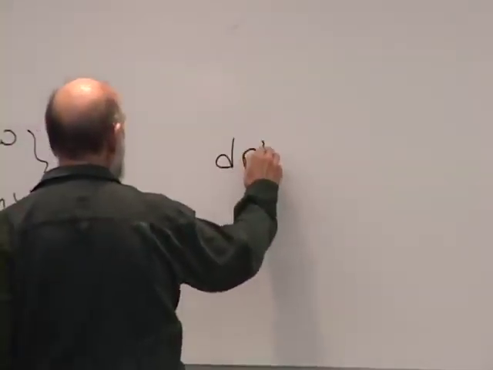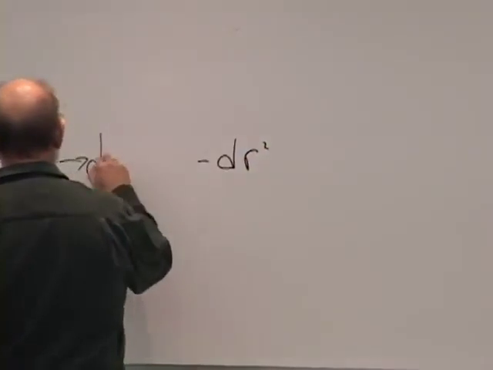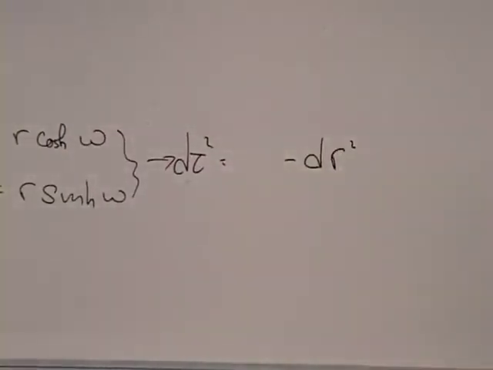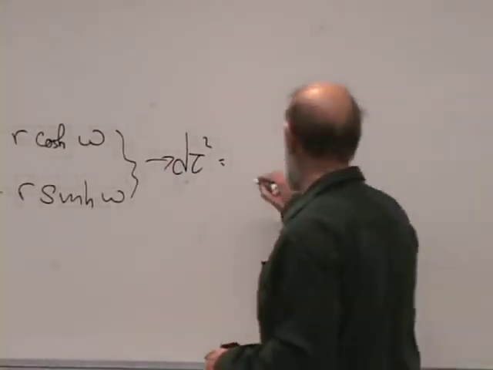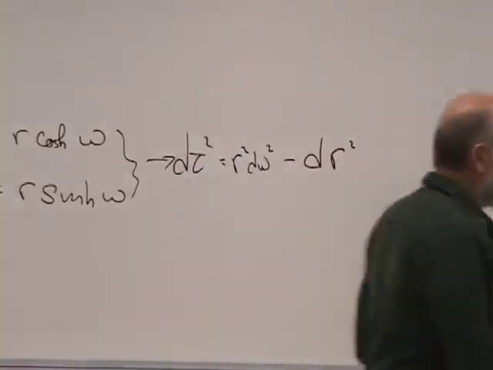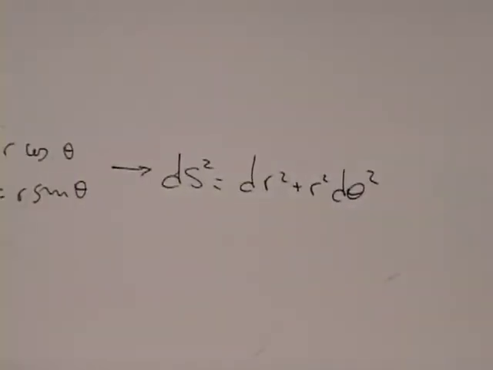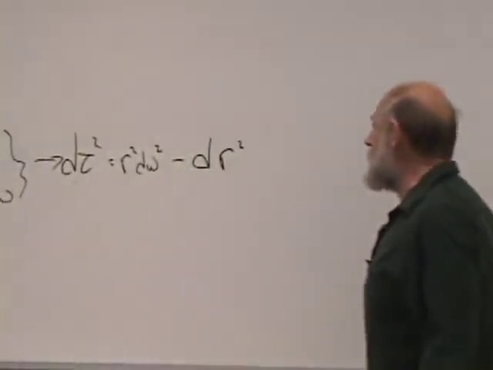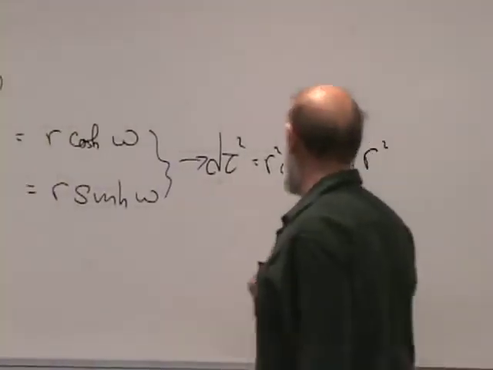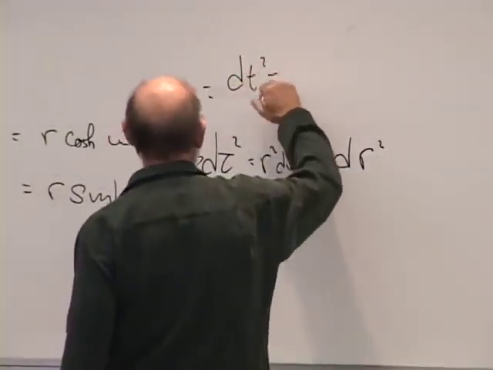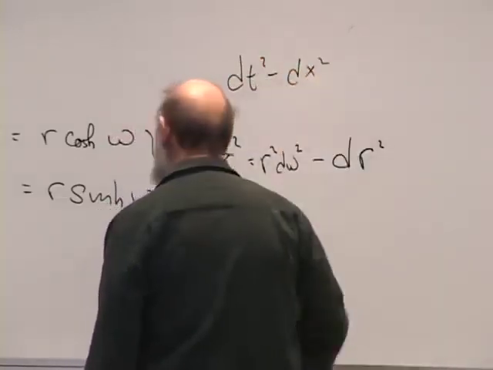This is proper time, d tau squared, and we have r squared d omega squared, which is the analog of the r squared d theta squared term here. Omega is like time, so it comes in with a plus sign here. R is like space, so it comes in with a minus sign. This is equal to dt squared minus dx squared.